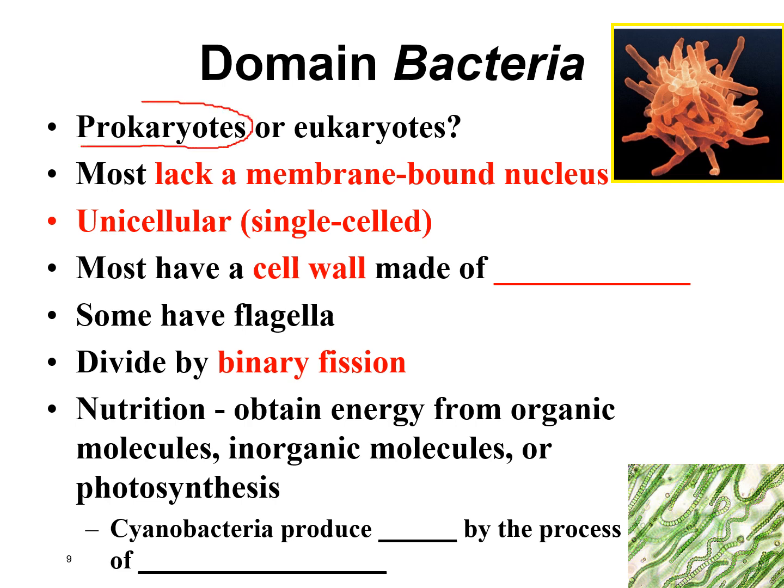So that means they do not have a nucleus and they do not have any organelles. And bacteria are also usually going to all be unicellular. And most of them are going to have a cell wall made out of something called peptidoglycan.